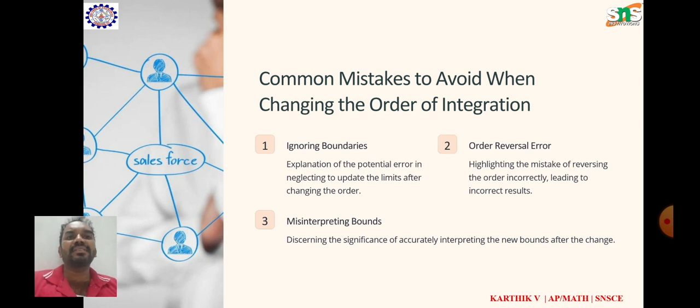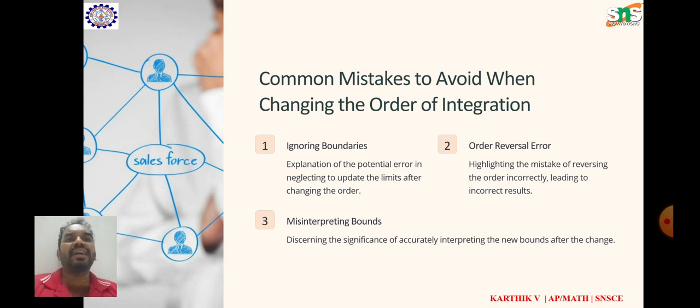Violating inequalities. Ensure that the inequalities used to define the region of integration are correctly preserved when changing the order of integration. Incorrectly setting up the new integral. When switching the order of integration, it is important to correctly set up the new integral based on the updated limits. Forgetting to change the order of integration in iterated integrals.